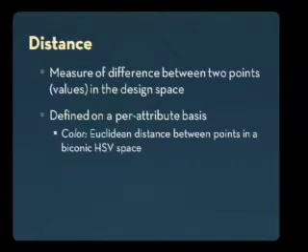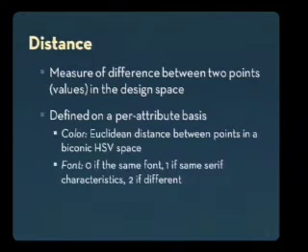On the other hand, to compare fonts, we use a very simple ternary function. 0 if they're the same font, 1 if they share serif characteristics, so serif or sans serif, and 2 if they just have different serifs. And we use these kinds of simple functions because they're simple calculations. And since we're not seeking optimality necessarily here, as long as these functions produce distinctions of interest to designers, that's all we really need from them.